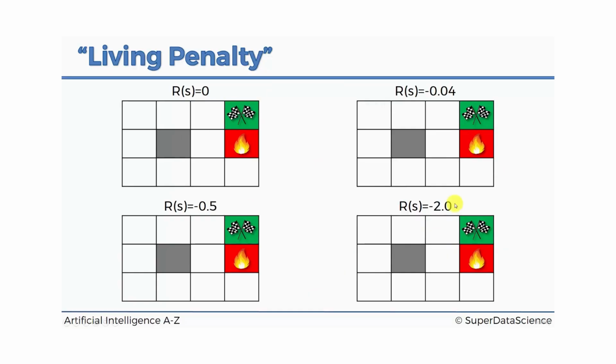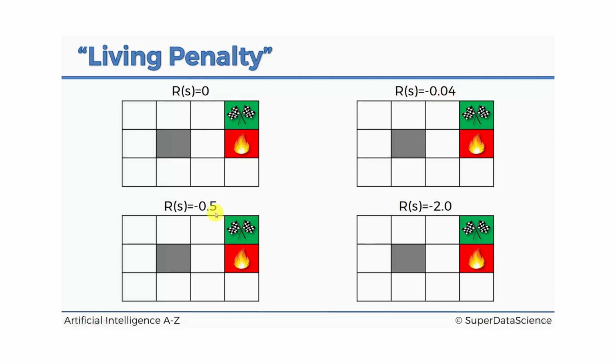So here are 4 environments, and in each one we're going to explore a different reward. Now we're not going to do the calculations, we're just going to project the results, and you will see that intuitively they make total sense. So here the reward for any step, or for getting into any state, is equal to 0, just as what we've seen before. Here the reward is going to be -0.04, what we just introduced now.